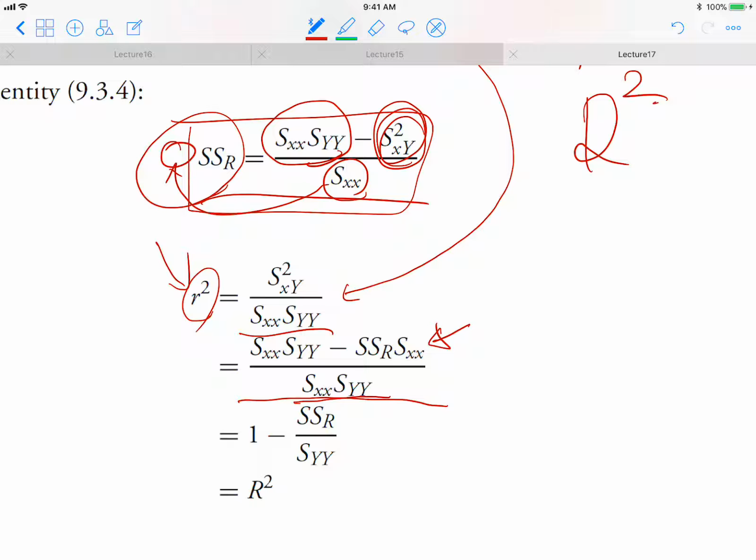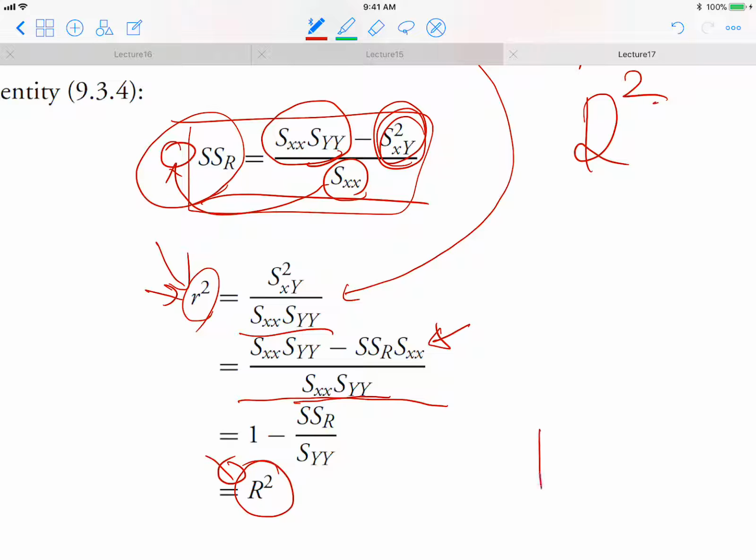Thus, if we follow this derivation, you can see that the squared value of the correlation coefficient will be the same as R squared. So R squared is not a value which is the square of something; it's just a particular value, and its notation is just R squared.